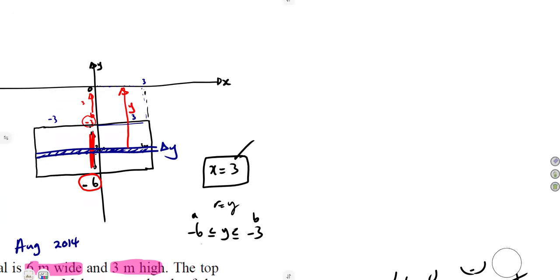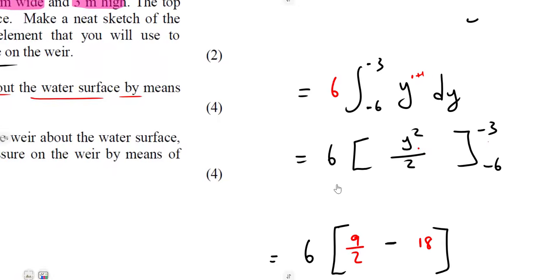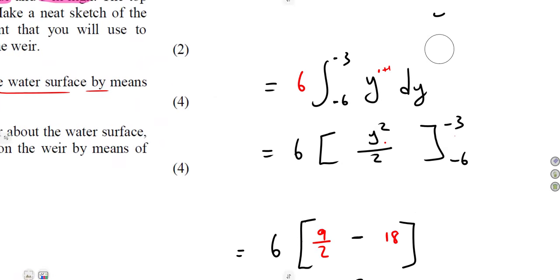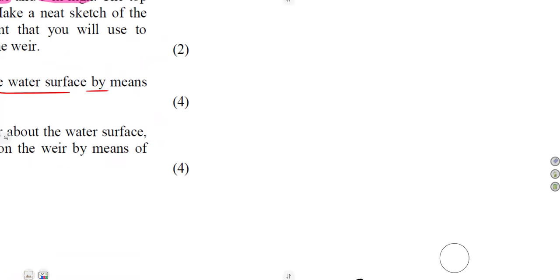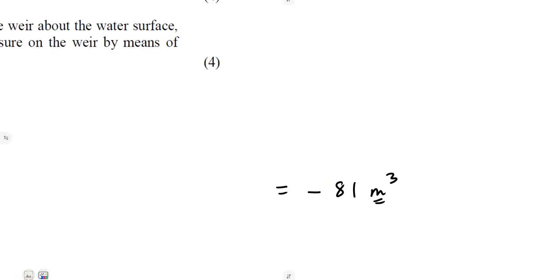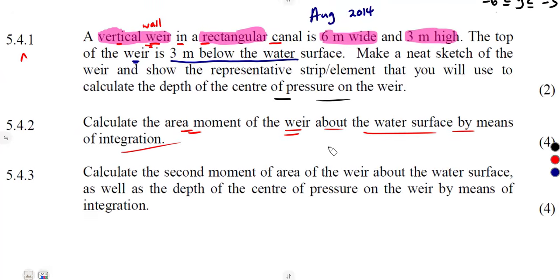So we have got our first area moment. Let me remove this one and calculate the next one. We obtained negative 81. Our first area moment was negative 81.